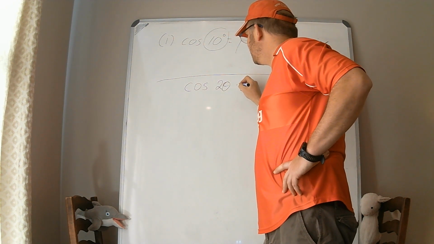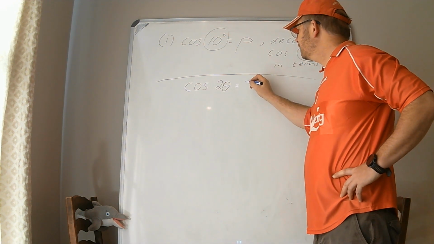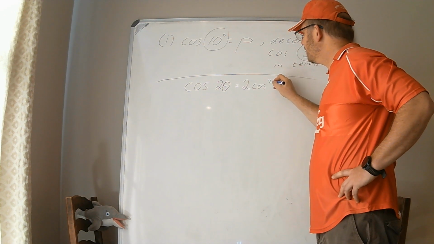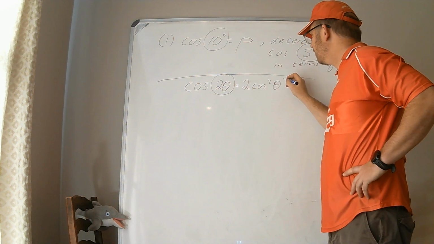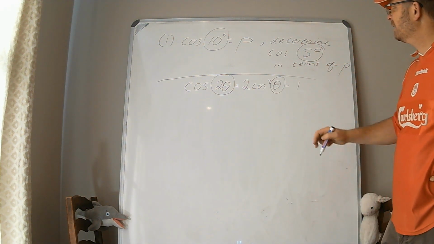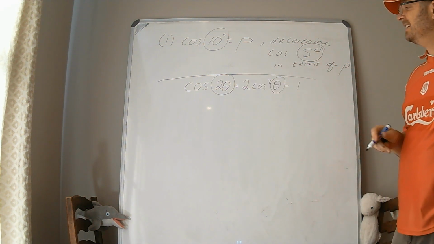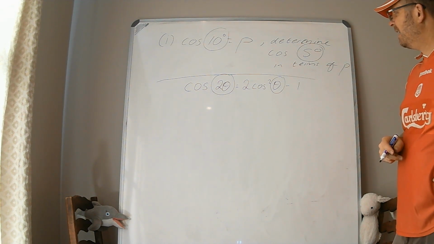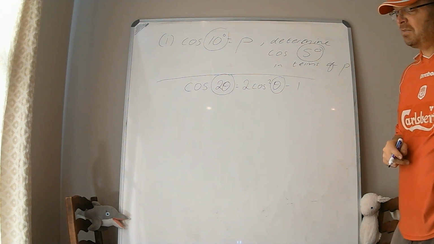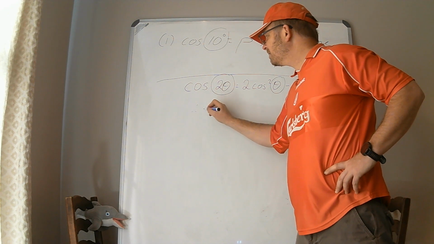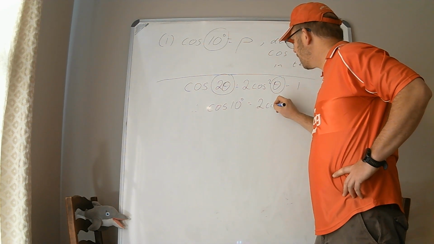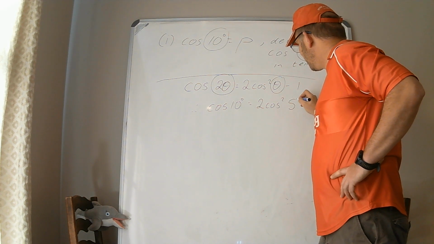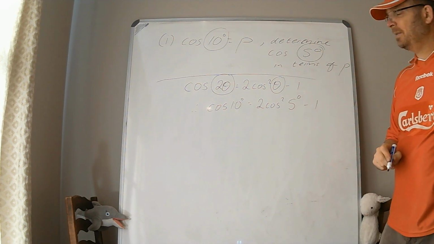Cos 2 theta is equal to 2 cos squared theta minus 1. Okay, so cos of an angle is 2 cos squared of half that angle minus 1. So go rewrite that in terms of 10 degrees and 5 degrees. So if that's the case, it must mean cos of 10 degrees is 2 cos squared 5 degrees minus 1.